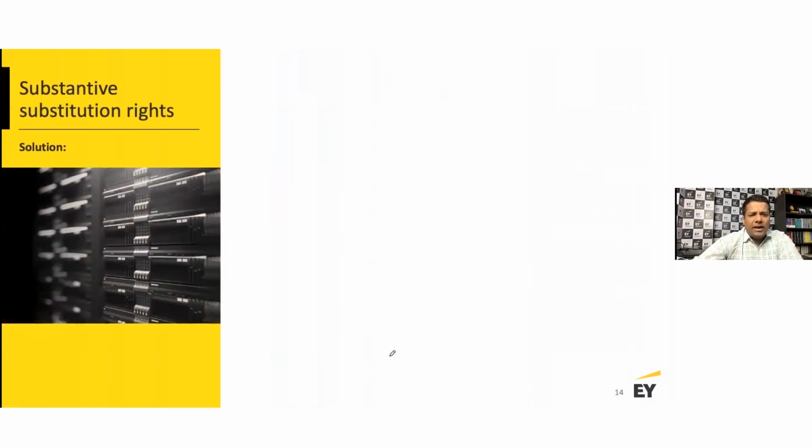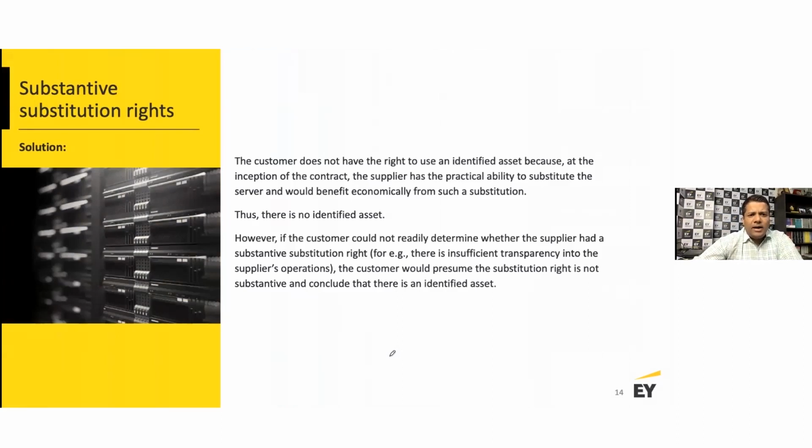And when you look at the solution, what do we need to look at? The customer does not have the right to use an identified asset because at the inception of the contract, the supplier has the practical ability, and also it is economically feasible, for such a substitution. Thus, there is no identified asset.